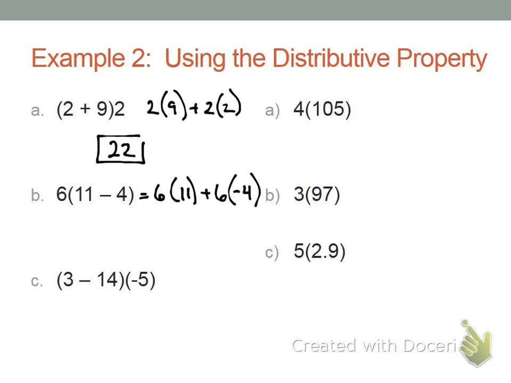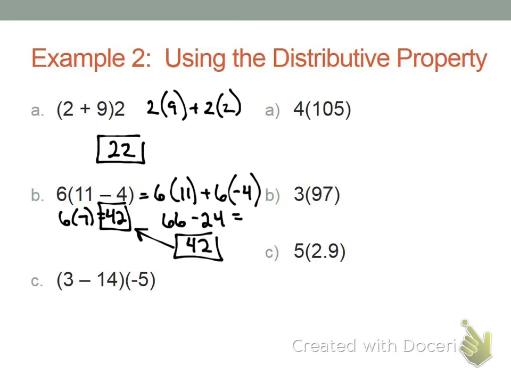All right, and now you can solve either way. 6 times 7 is 42. Or if you choose to solve this way, 66 minus 24 is 42. You see, guys, no matter which way you solve, you're going to get the same answer. Do you see that?